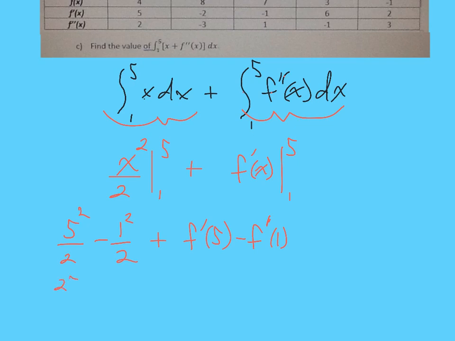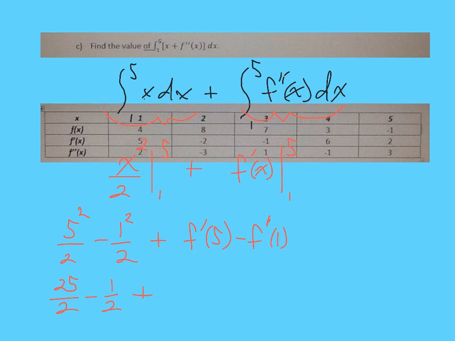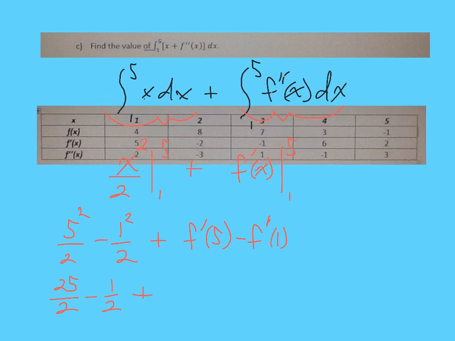So 25 halves minus 1 half plus, I've got to go to my chart, so let's bring my chart back down here. I know it's kind of in behind, but f prime of 5 is 2. So that's 2 minus f prime of 1, which is 5.